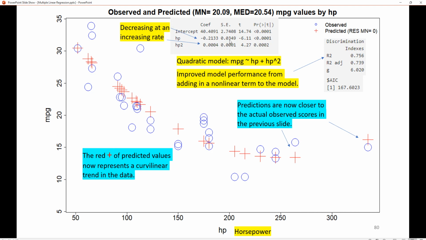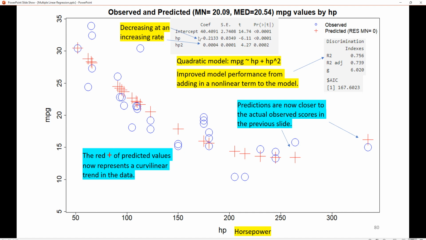You see above in the top center, this is the table for the model results. We have HP, that's horsepower, and we have HP2, and that's the squared value of horsepower. We see that for the main effect for horsepower, it's negative 0.2133. So in other words, it's got a negative coefficient, and the modified term, the squared value of horsepower, that's positive.